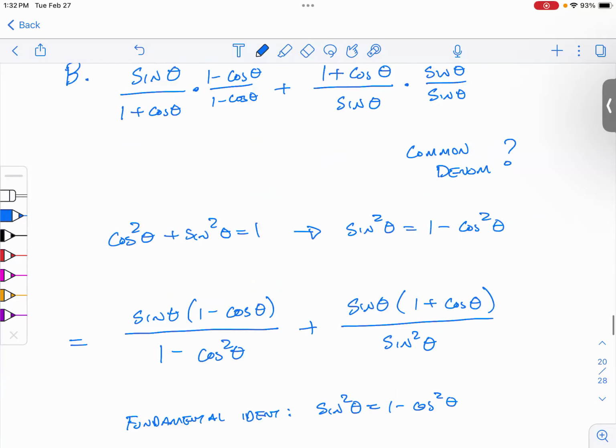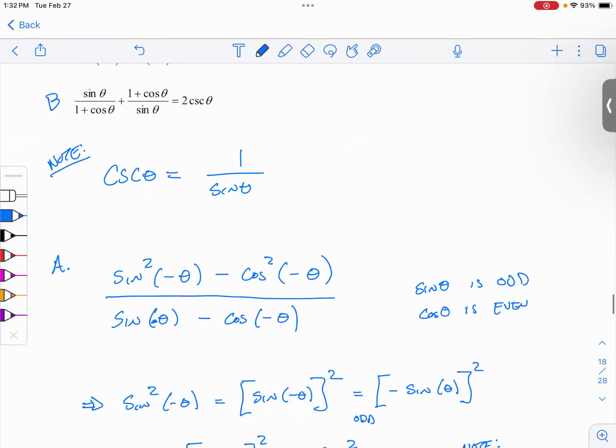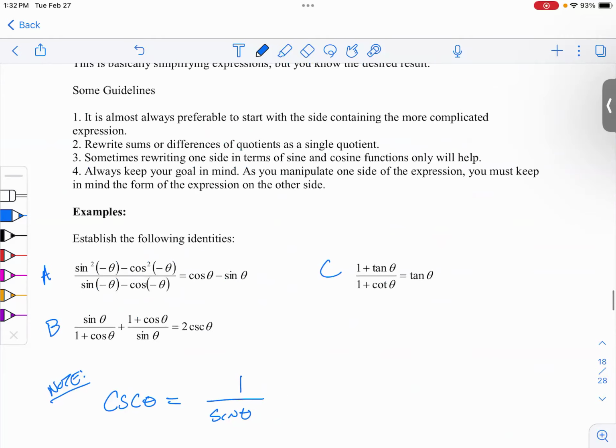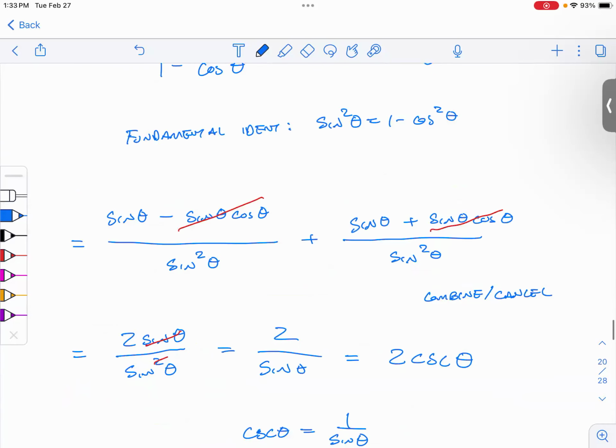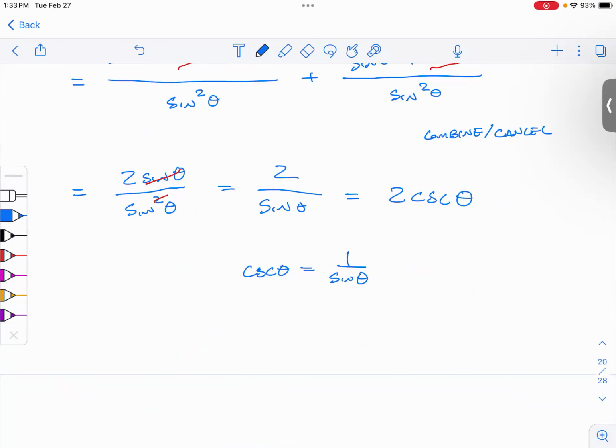And just double check, where were we going? And we did want 2 cosecant, right? So, all right, the point is to get the left side simplified down to the right side. And that's always what we're looking for.